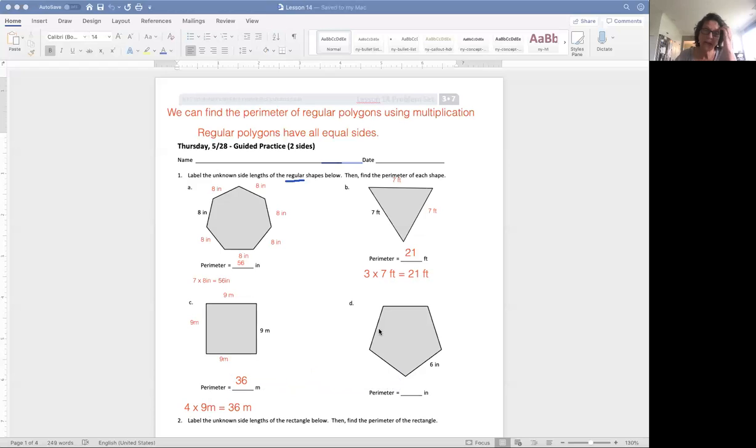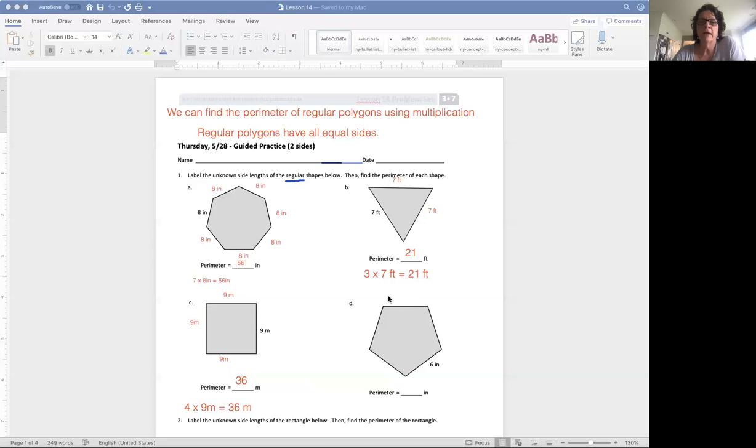Okay, go ahead and count the sides for D. And based on the number of sides, what would you call this polygon? Okay, very good. There's 5 sides, so we would call it a pentagon, and it's a regular pentagon because all the sides are equal. So they just call them regular when all the sides are equal.